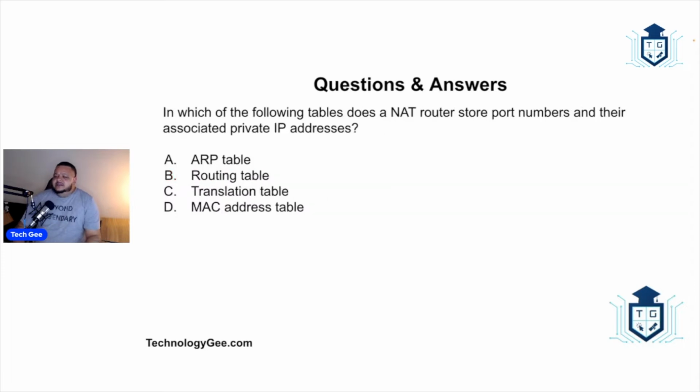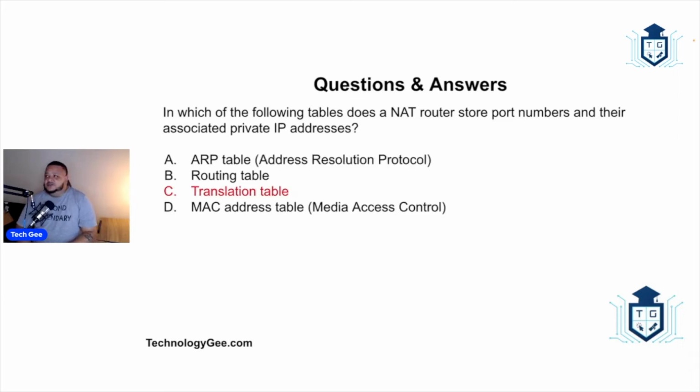In which of the following tables does a NAT router store port numbers and their associated private IP addresses? Would this be an ARP table, a routing table, a translation table, or a MAC address table? This would be a translation table. In case you don't know what NAT stands for, it stands for network address translation.